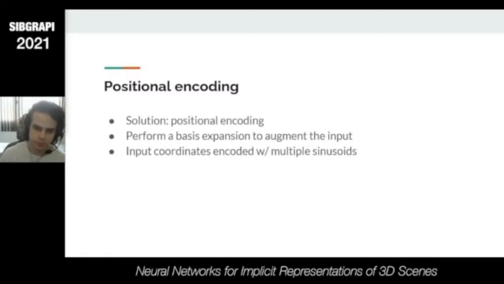This technique is called positional encoding, and it essentially performs a basis expansion to augment the number of values that you have on the input, and you encode the coordinates of the input using multiple sinusoid functions.